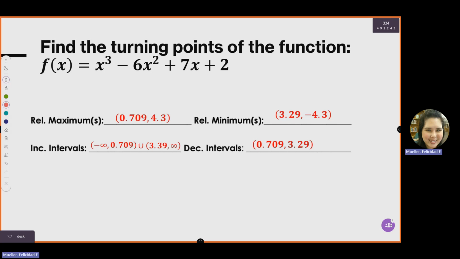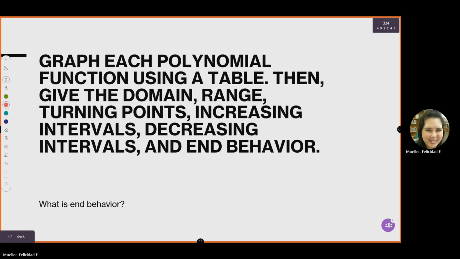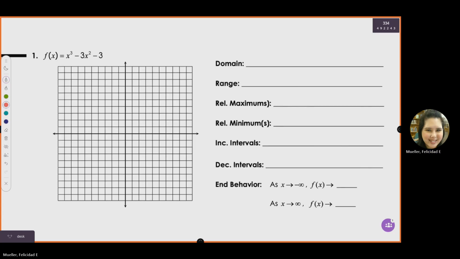Moving on to our next problem. So we're going to graph each polynomial function using a table, then give the domain, range, increasing and decreasing intervals, and end behavior. So looking at number 1, we're going to go ahead and graph these.